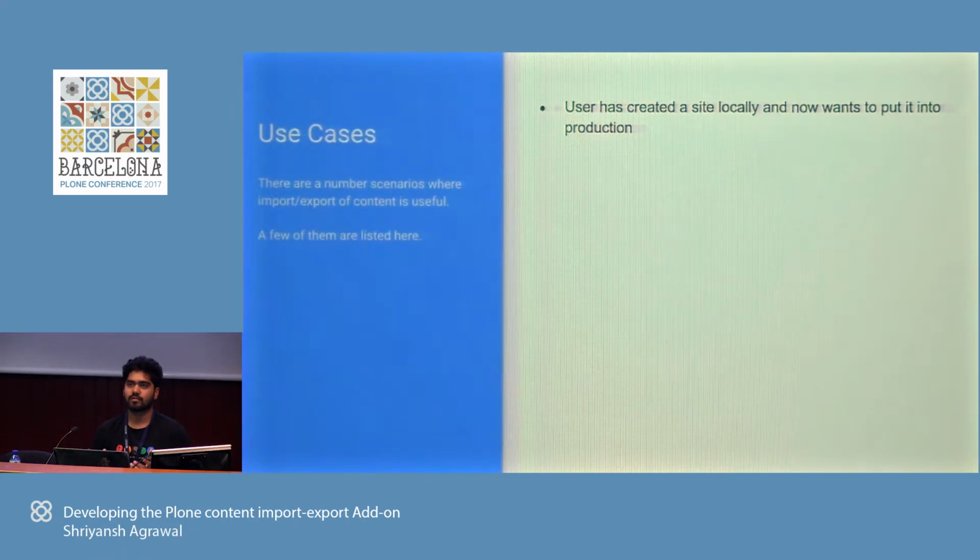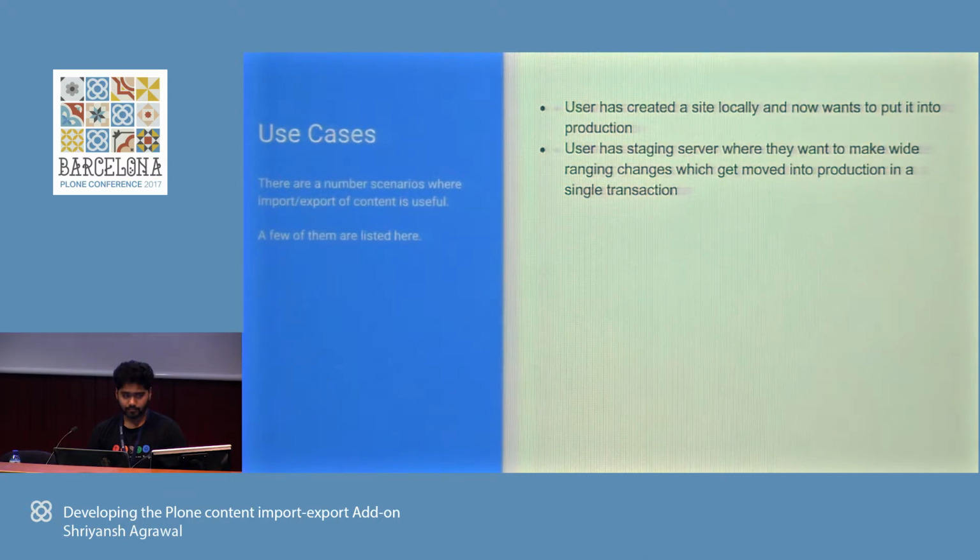When it is created locally, there is some default data for that site that could be easily put into production with this, and it could be circulated anywhere in the world. You could send it to another person, another organization, anywhere.